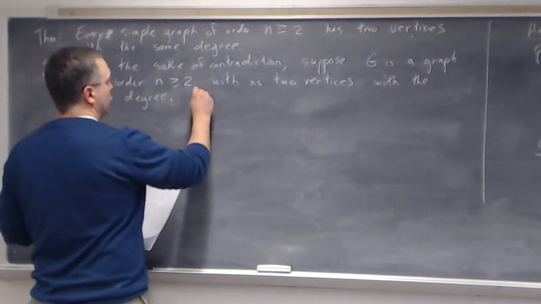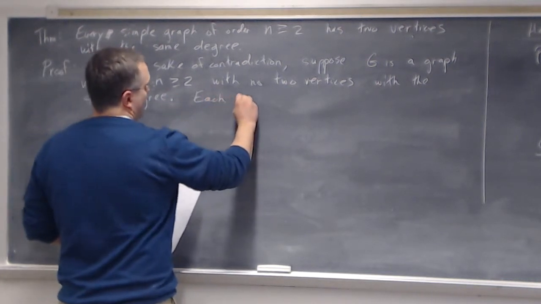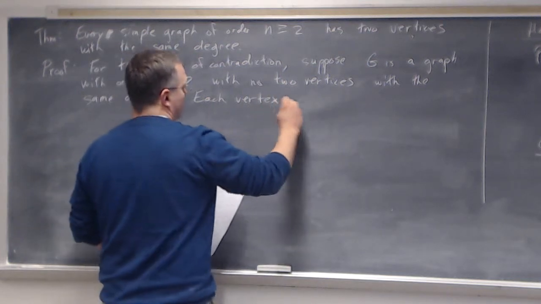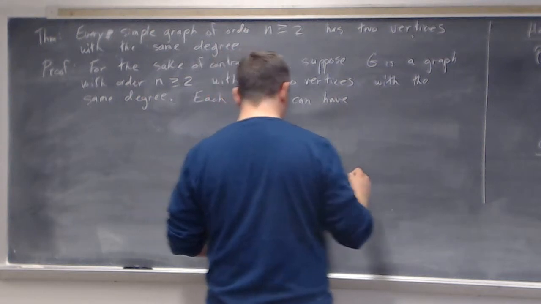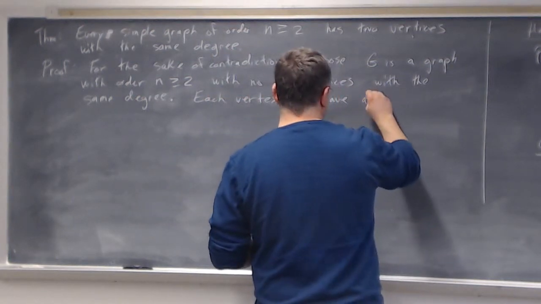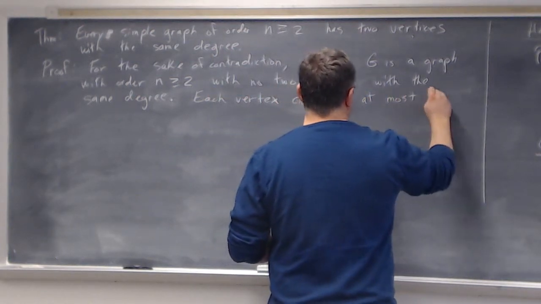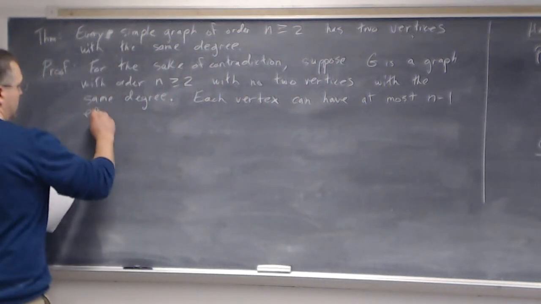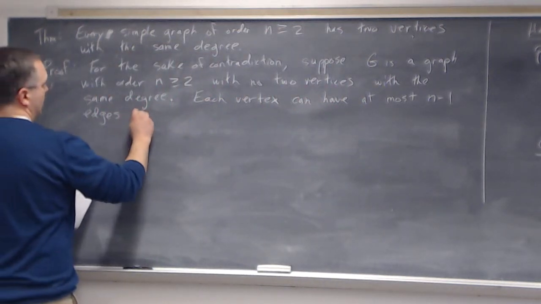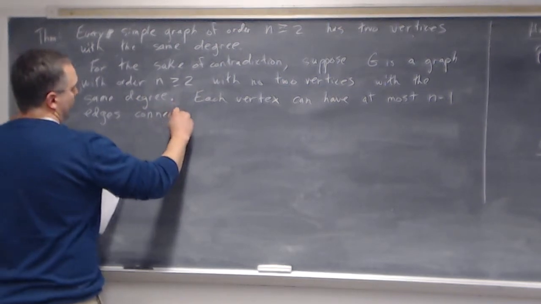Well, each vertex can have, at most, n minus 1 edges connected to it.